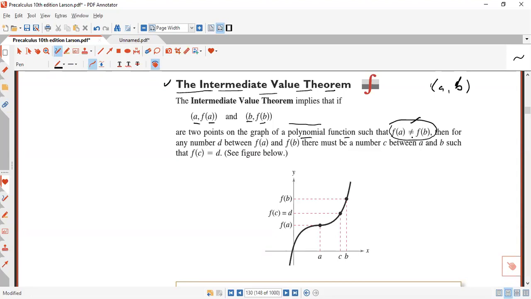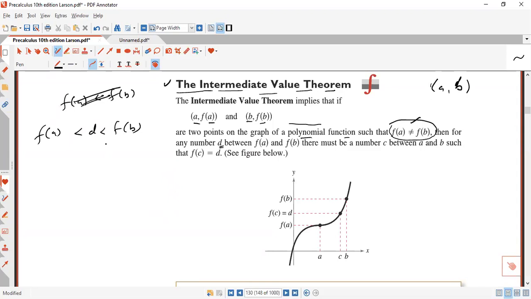So if our function is continuous on this interval, with f of A not equal to f of B, then this theorem tells you that you can always find a D in between f of A and f of B. Assume f of A is lesser than f of B, for example, or it may be reversed.